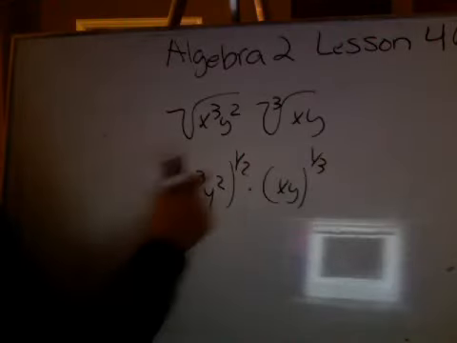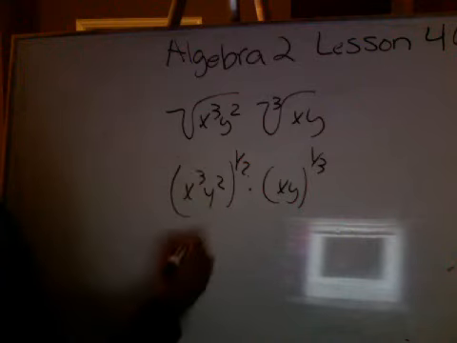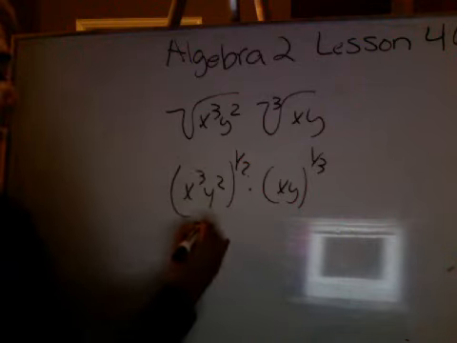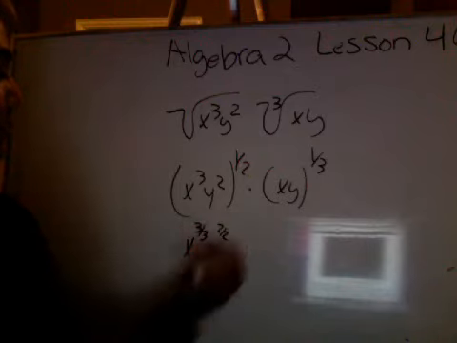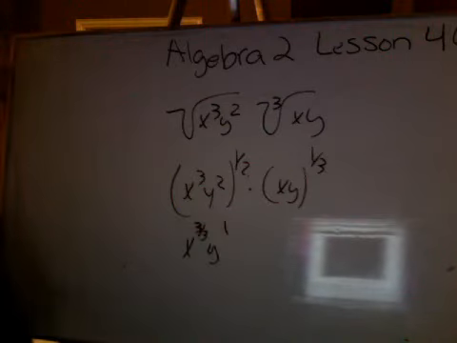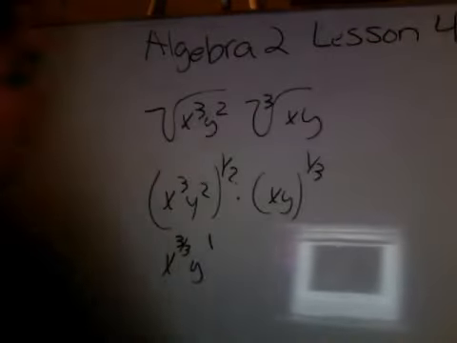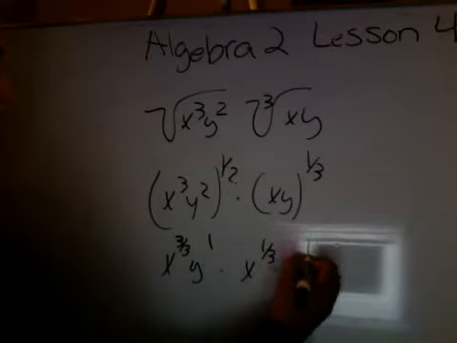Then I can use my power rule, raised to another power, for exponents, and it says 3 times 1/2, so x to the 3/2 times y to the 2/2, or 2 over 2 is equivalent to 1, isn't it? So I can simply do 1. Then you've got times x to the 1/3 times y to the 1/3.